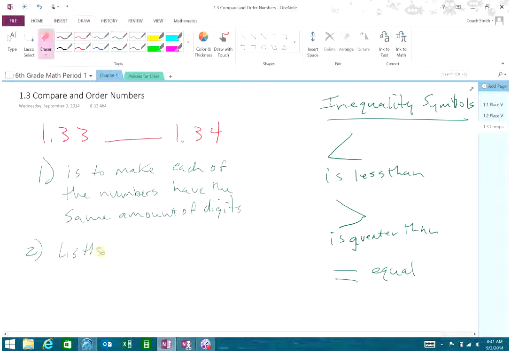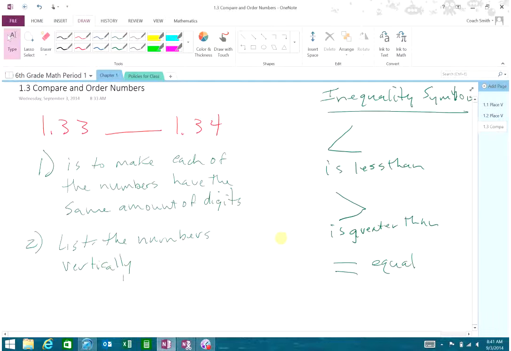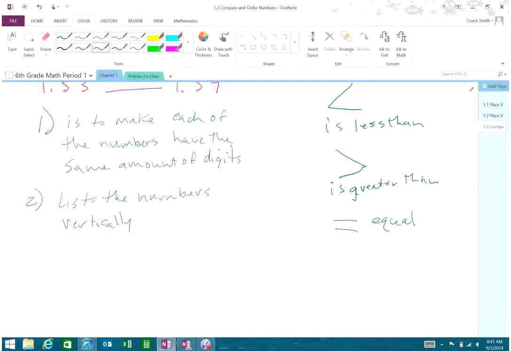Okay. Secondly, list the numbers vertically. So I'm going to take those two numbers and list them vertically. The reason I do that is because it forces me to line up all the correct digits. Obviously, when you're lining up decimal numbers vertically, you always want to have the decimals lined up, like we've done here.